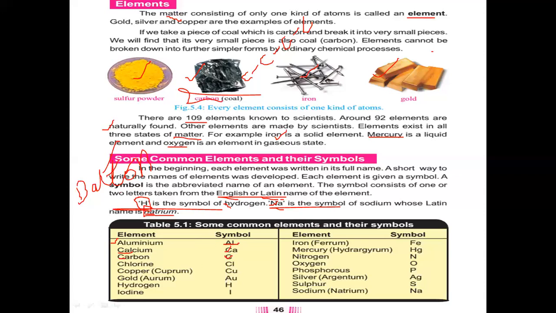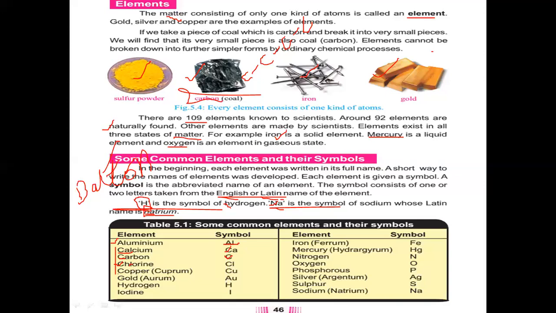Look, calcium, carbon, chlorine, and copper all start with C. So scientists sometimes have given the first two letters of the name as the symbol, like Ca. The first will be capital, the other will be small. And here is chlorine. The third letter is given for chlorine, Cl, because another might have Ch, so they gave just Cl.